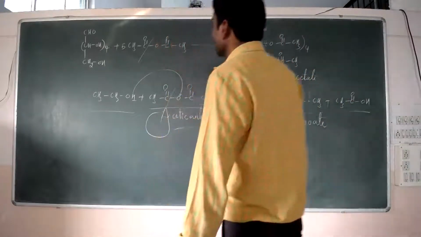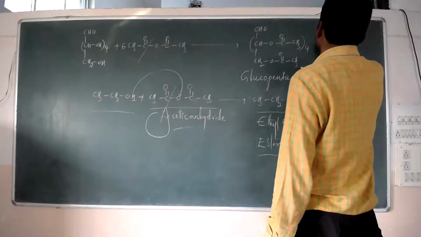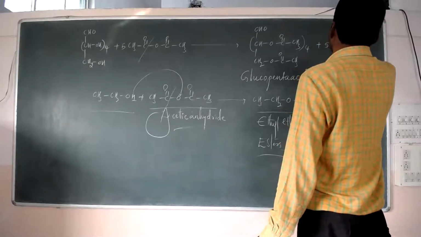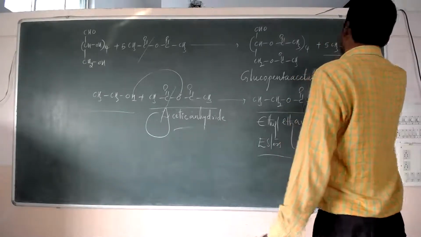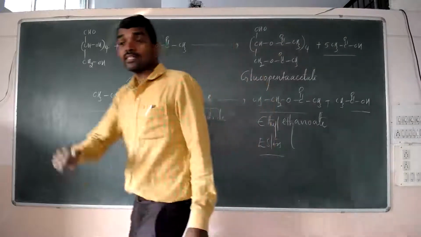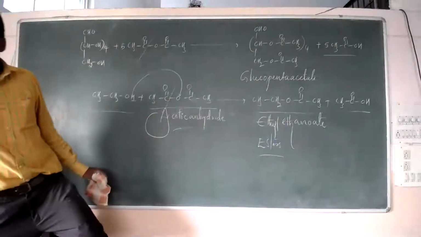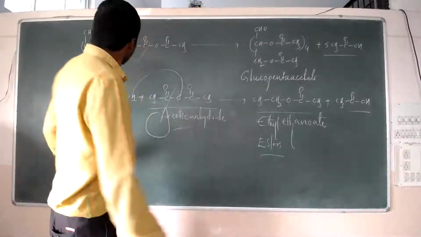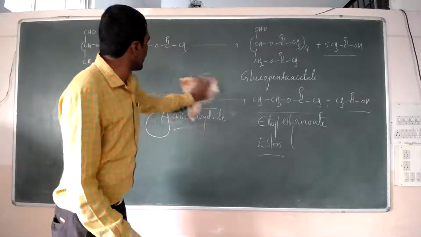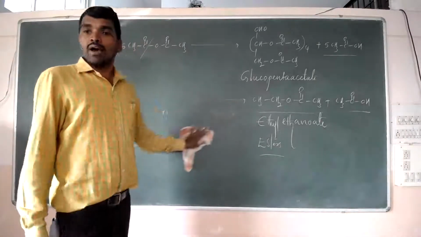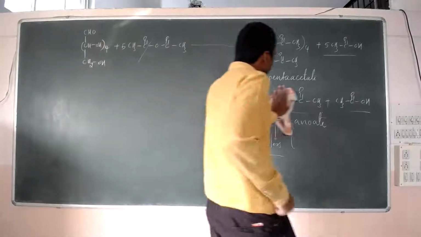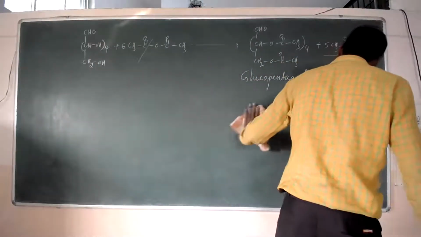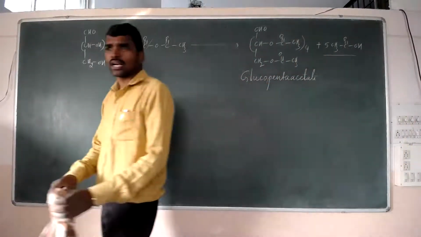Glucopentaacetate will be formed plus 5 moles of acetic acid. So by this reaction, what are you confirmed? By this reaction I confirmed that glucose has 5 alcohol groups.